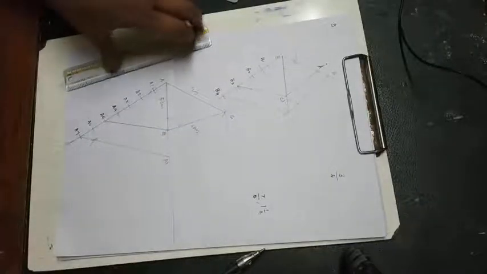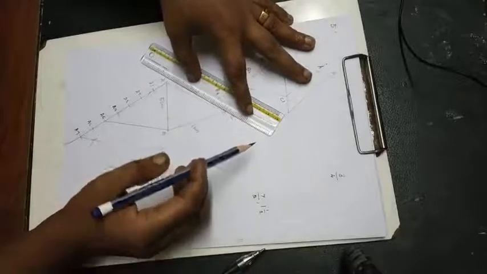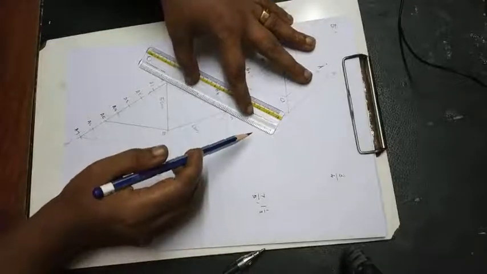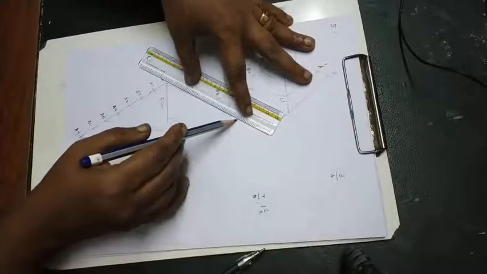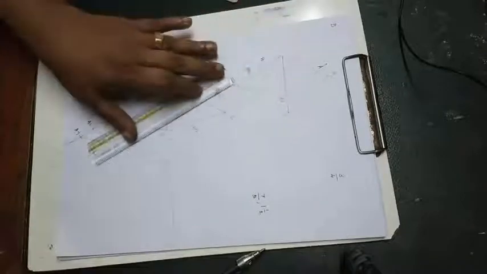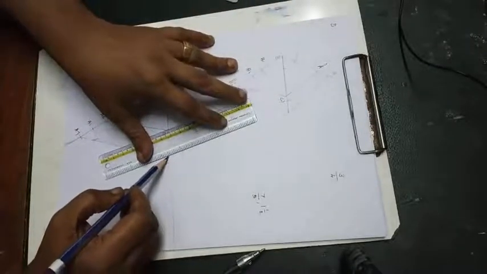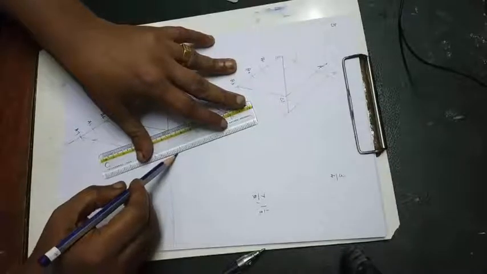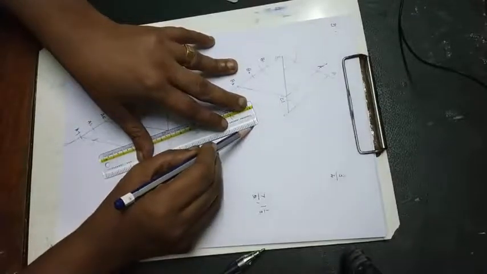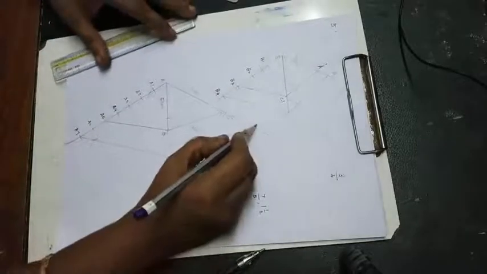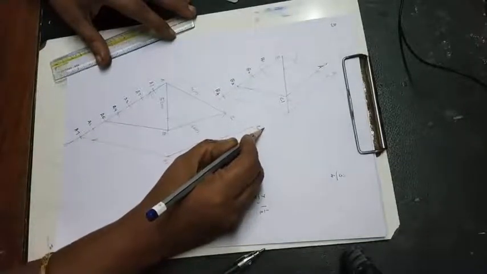So here also you have to extend. Here also you have to extend this one. Now join this one. Now that point is C dash.